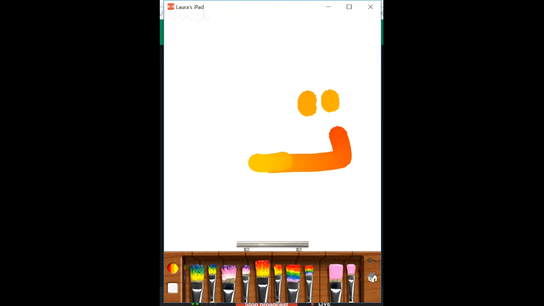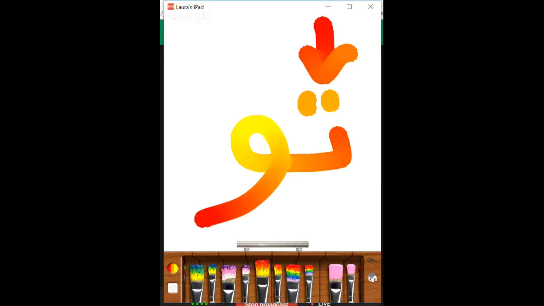We're going to add it to a wow, and it becomes two. So we have the letter Ta at the beginning of the word, followed by a vowel, wow, and it's pronounced two.